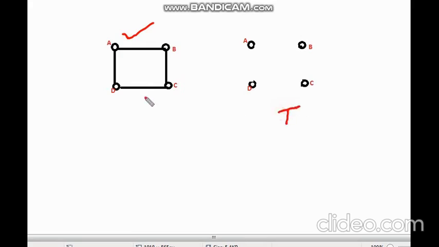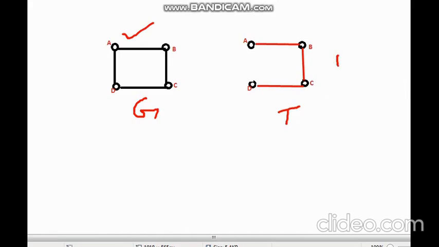This is my spanning tree, and this is the given G. So I am taking the edges A to B, B to C, C to D. Now check how many vertices: 4 vertices. How many edges should we have? n-1, hence 4-1, 3 edges. Is there any cycle? No, hence it is one of the spanning trees of the given graph.